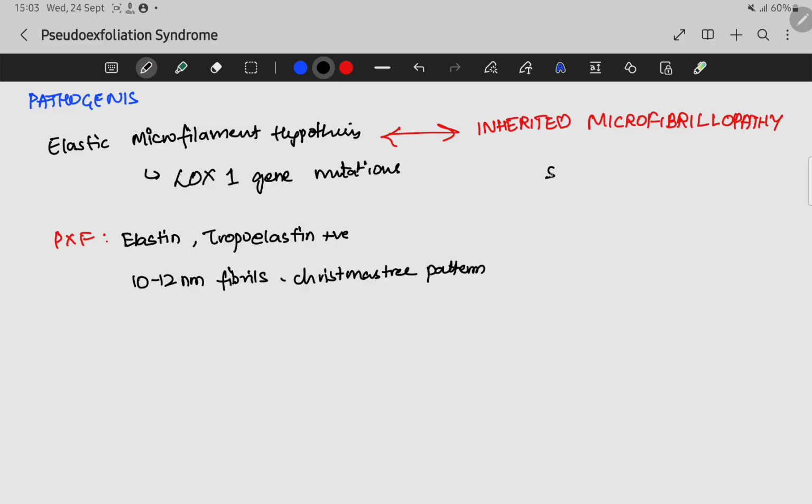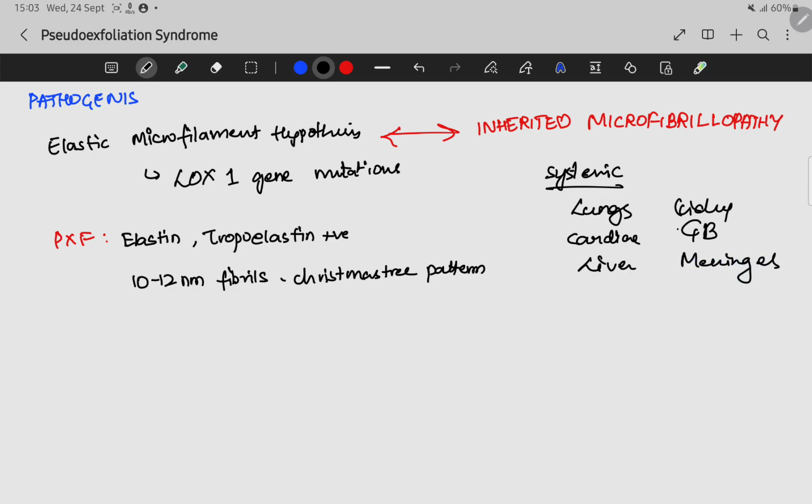So these are also found in other systemic locations like lungs, heart, liver, kidneys, gallbladder, and meninges. So this is the pathogenesis.